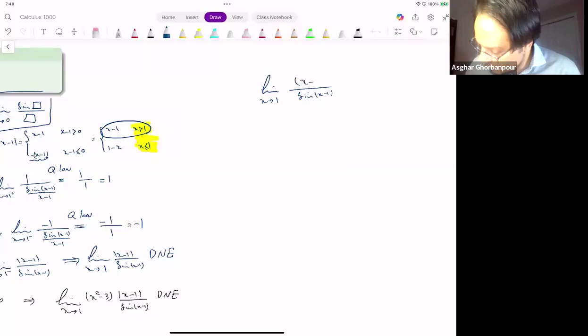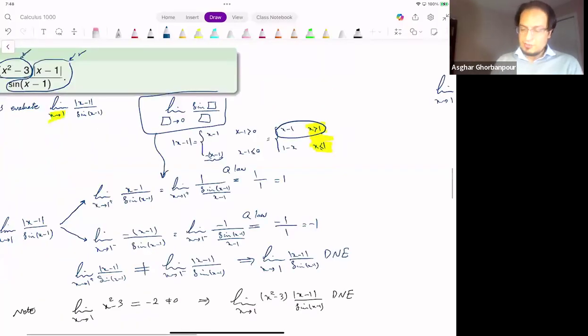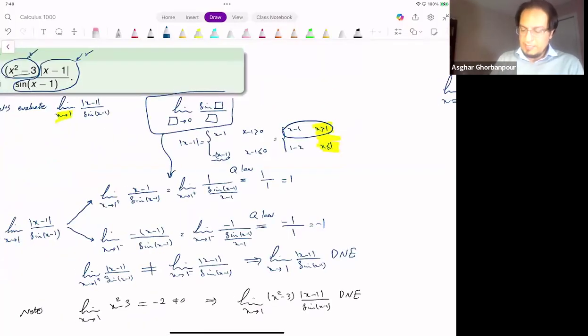So instead of having x squared minus 3, I added another x minus 1 squared, yes?